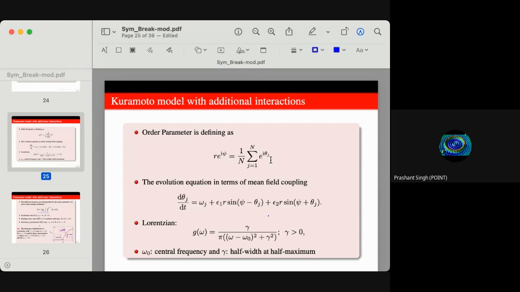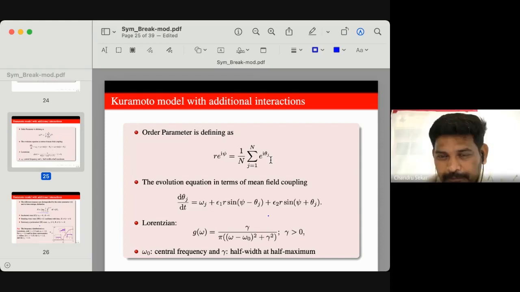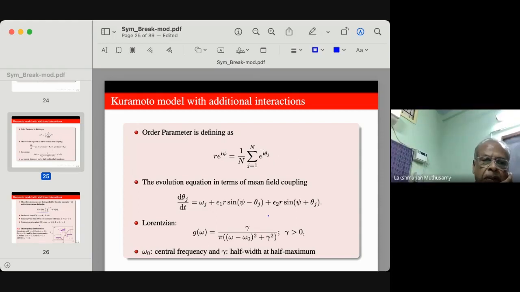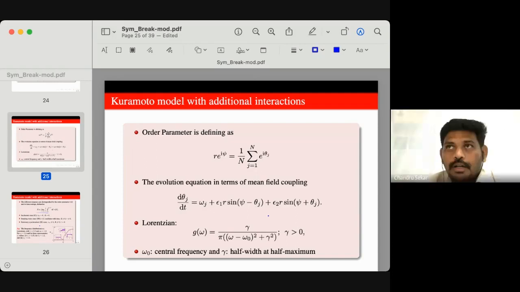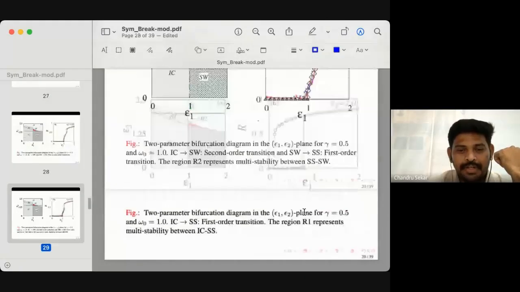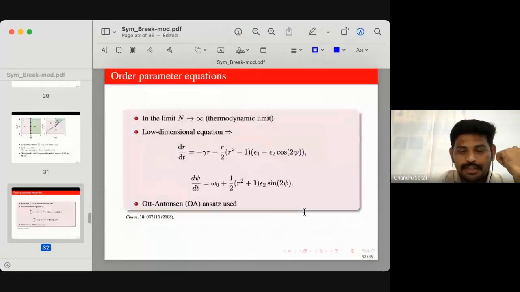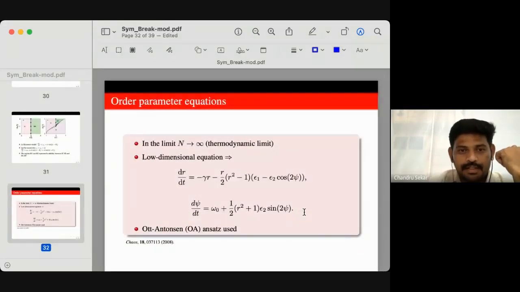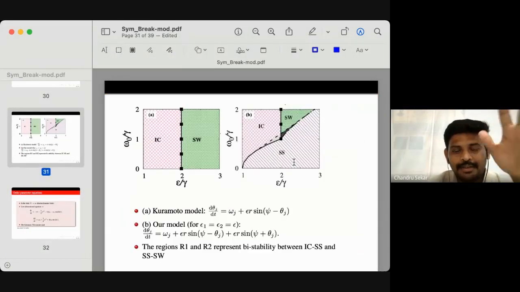Chandrasekar, what are the features that are different in Winfree's model compared to the Kuramoto model? Actually, this is the phase diagram for the Kuramoto and this is the phase diagram for the Winfree.